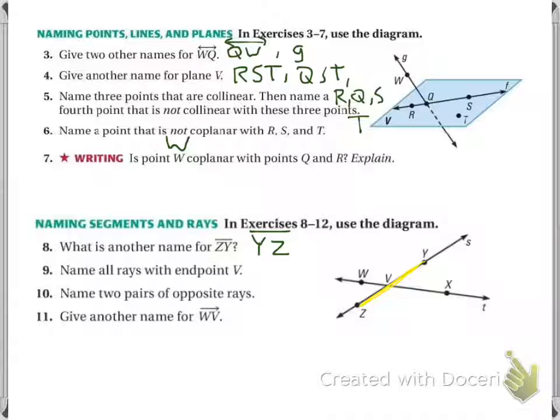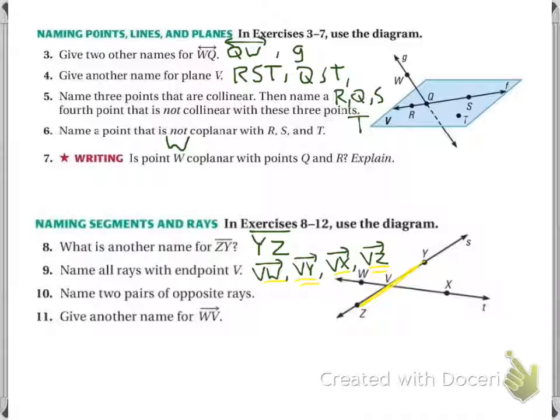Name all rays with endpoint V. So that's anything that starts at V and goes through W, starts at V and goes through Y, starts at V and goes through X, starts at V and goes through Z. Name 2 pairs of opposite rays. So I could say VX and VW would work, or VY and VZ.